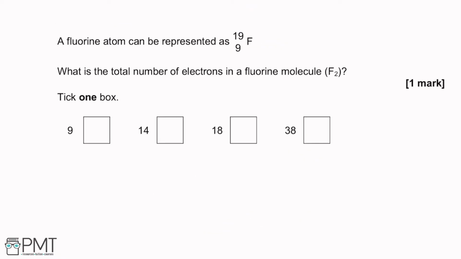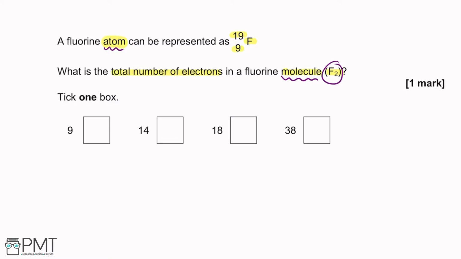A fluorine atom can be represented as 19 over 9 F. We'll talk about that in a minute. What is the total number of electrons in a fluorine molecule? Okay, F2. So notice the difference between a fluorine atom, which is just the singular atom, in comparison to a fluorine molecule, because that's 2 fluorines bonded together.